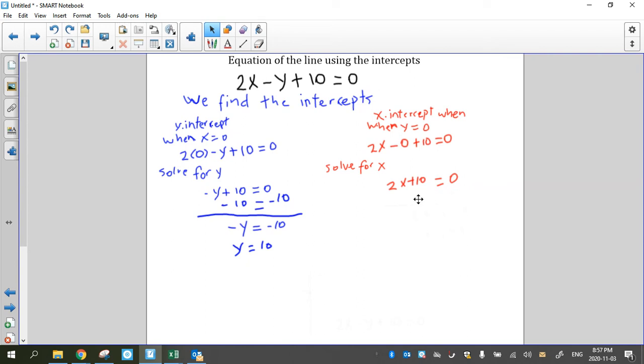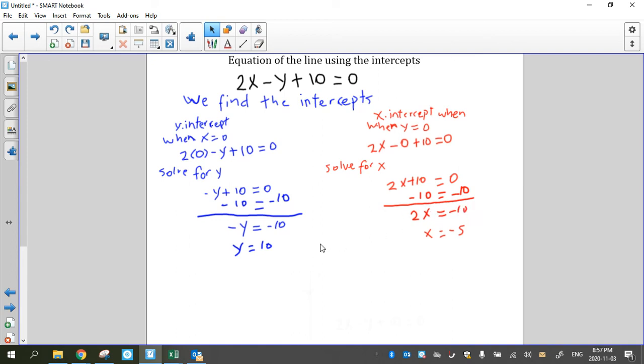And you can see that to isolate the x, the first step could be to subtract 10 on both sides. And when I do that, my equation becomes on the left side just 2x equals negative 10. And you probably can figure this one out by inspection. 2 times a number gives me negative 10. So the number I'm looking for is negative 5 because 2 times negative 5 equals negative 10.